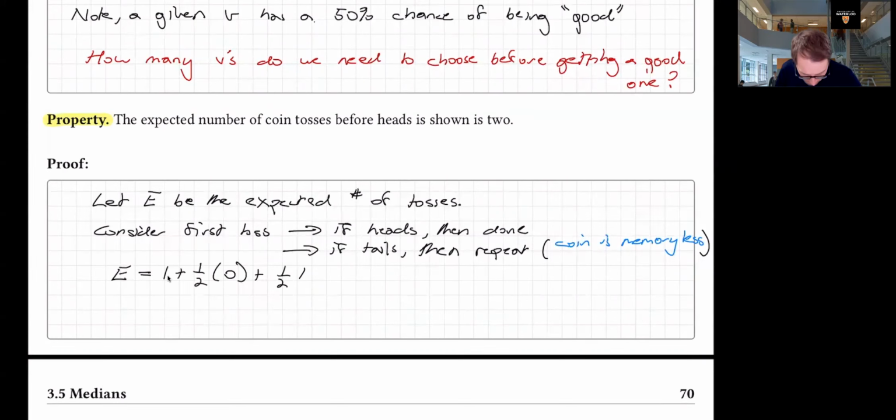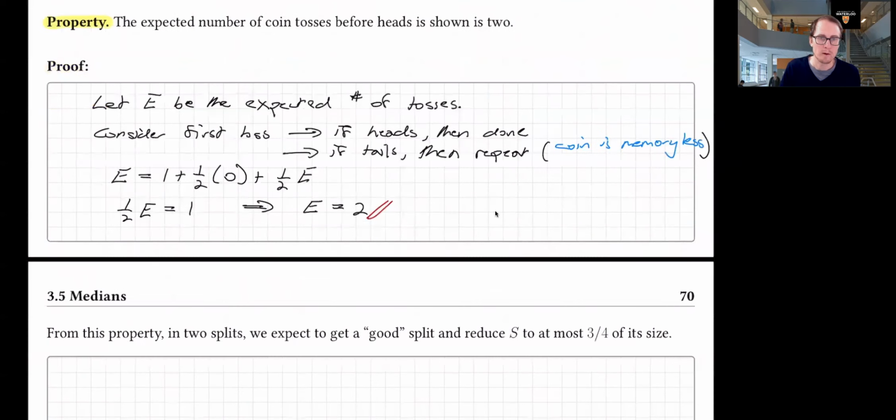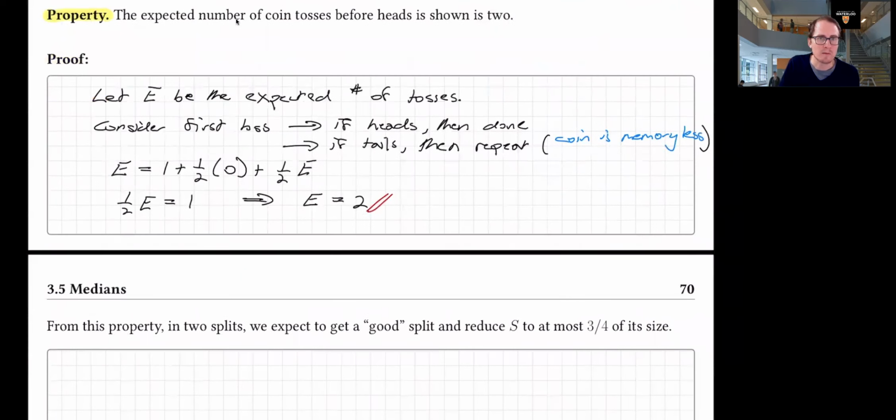And so I will still have the same expected number of tosses to go. And so this tells us that 1/2 E equals 1, or E equals 2. Okay, so the expected number of coin tosses before heads is shown is 2.